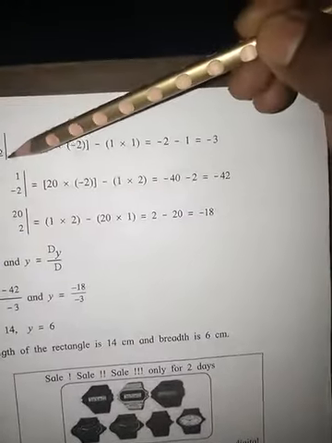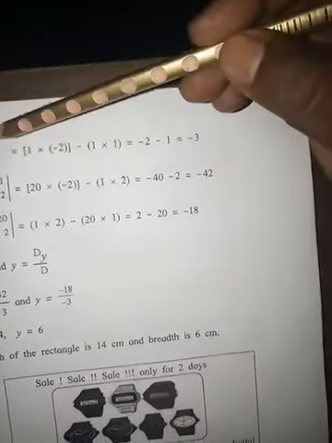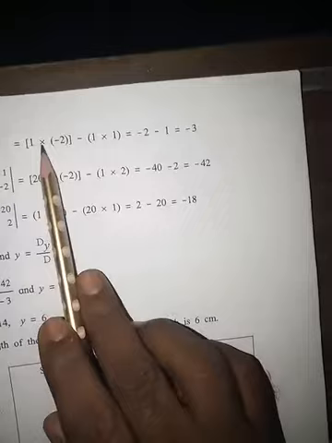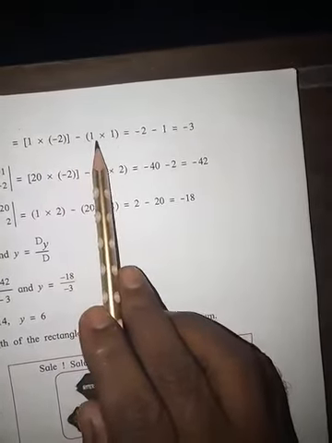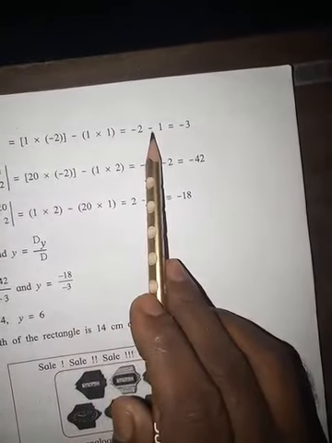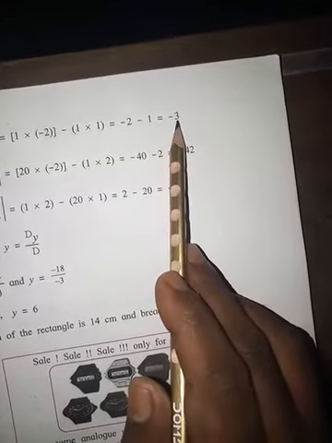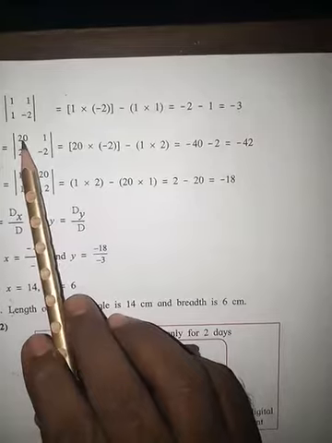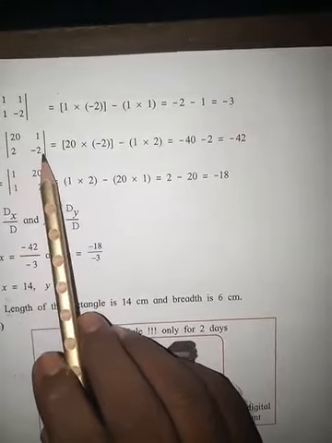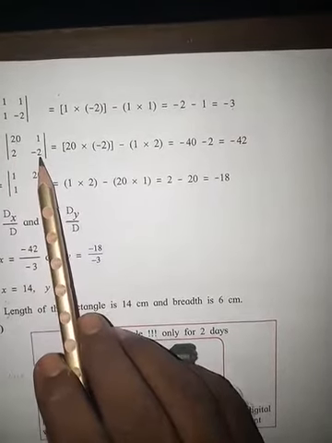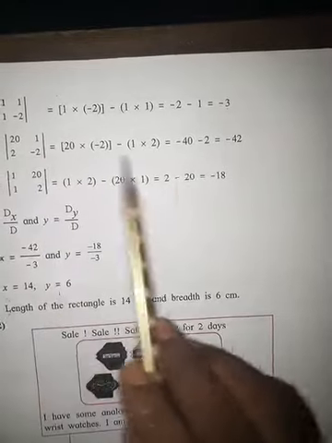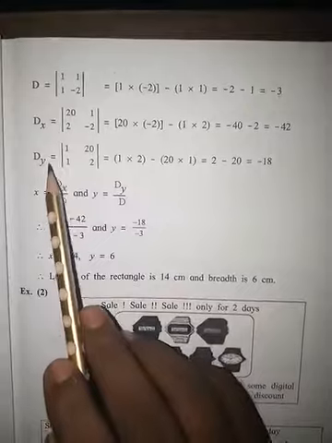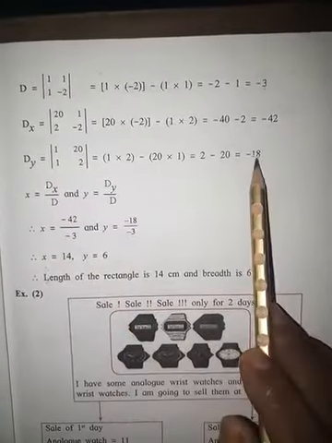That is 1 into minus 2 minus 1 into 1, which is equal to minus 2 minus 1, that is minus 3. And Dx is 20 1, 2 minus 2. Multiply this 20 with minus 2 and this 1 with 2. You will get minus 42. And Dy you will get minus 18.